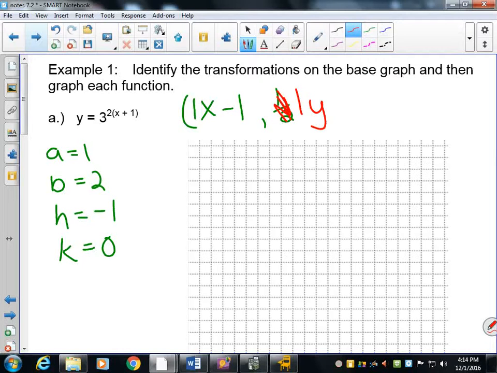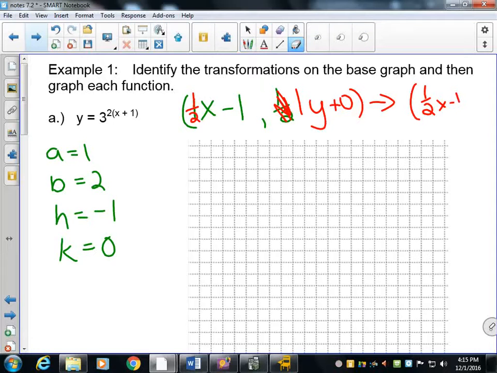And my b values deal with x, so this should say 1/2 x. Okay? And there's no k, my k is 0, so it's plus 0. So my point should say 1/2 x, comma, or subtract 1, comma, y.